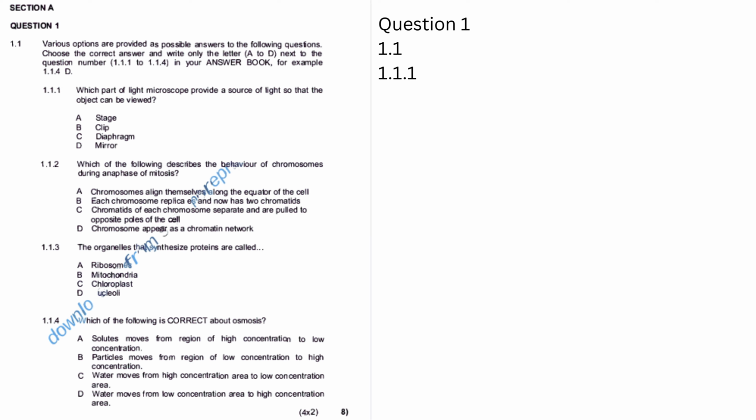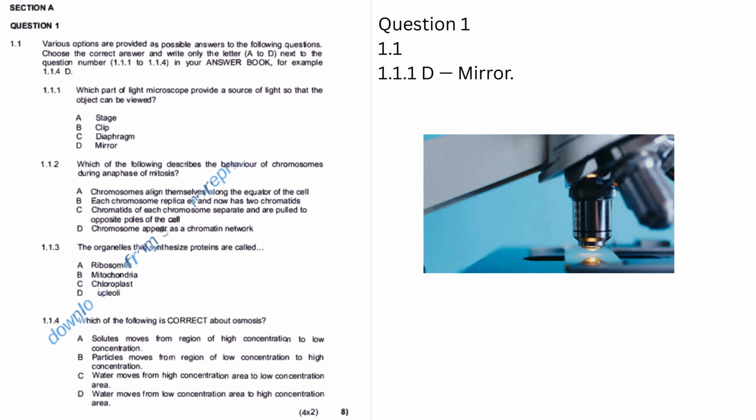Question 1.1.1. Which part of the light microscope provides a source of light so that the object can be viewed? The answer is D, mirror. Because think about it. If you are in a dark room, can you see anything? No. The reason is simple. A microscope needs light to shine through the slide so you can actually see the specimen.